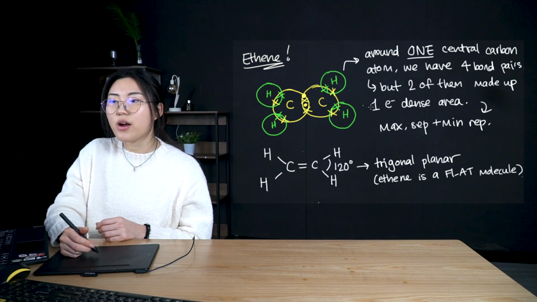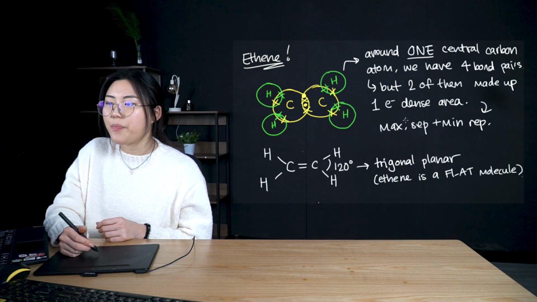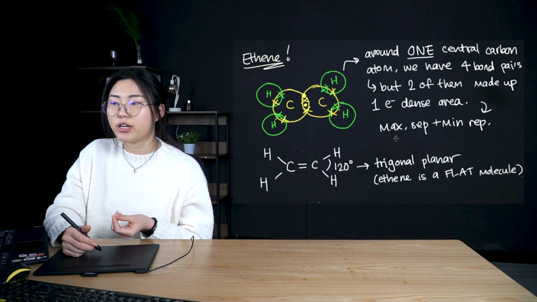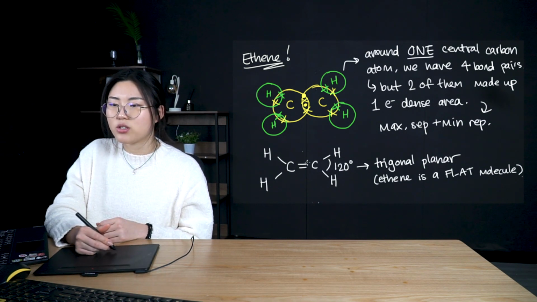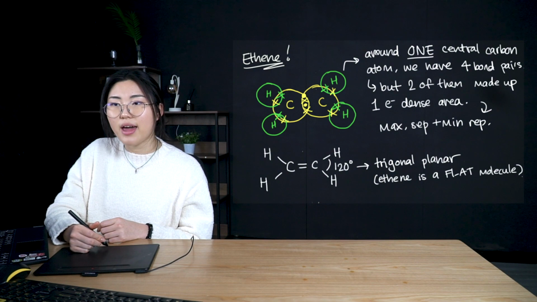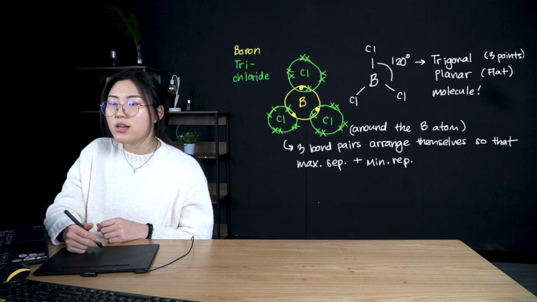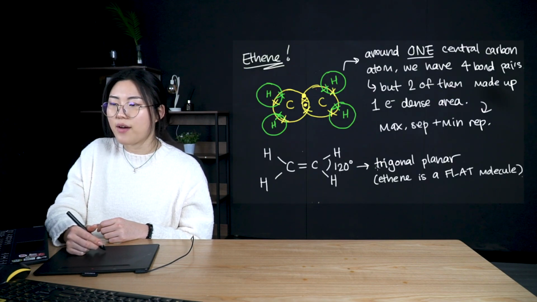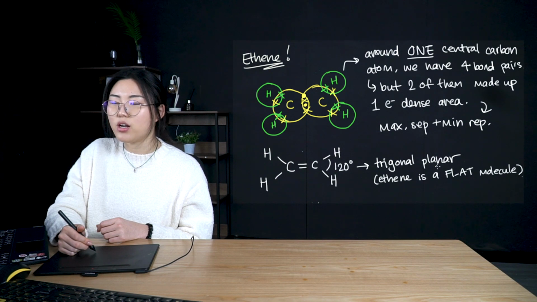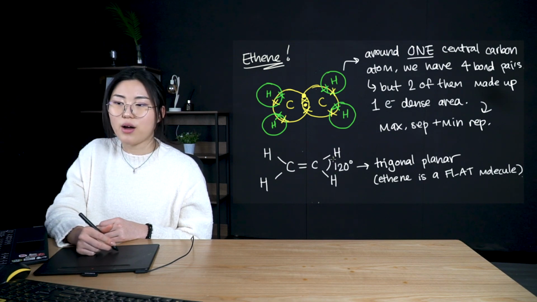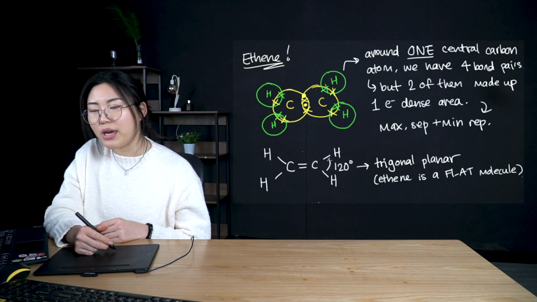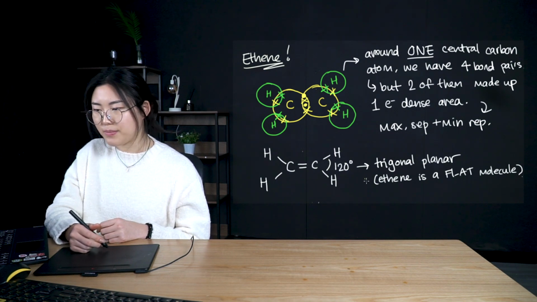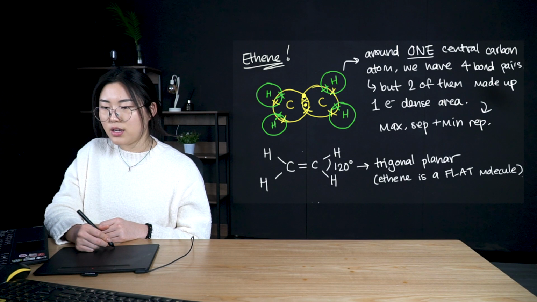They're going to be separated so that they have maximum separation and minimum repulsion. So we have 3 electron dense areas, just like boron trichloride. Therefore, it's going to have a trigonal planar shape around the central carbon atom. So obviously the bond angle will be 120 degrees. So ethene also is a flat molecule.